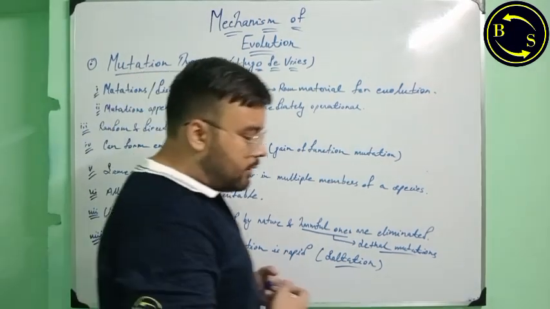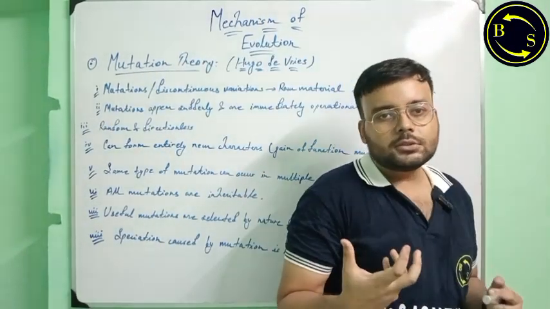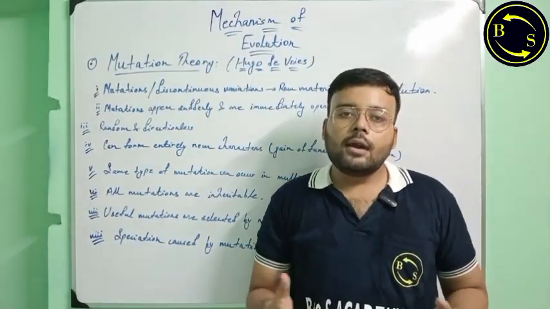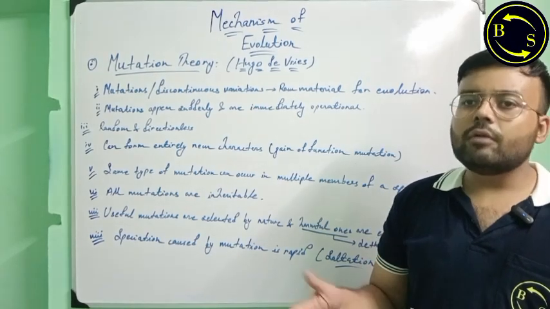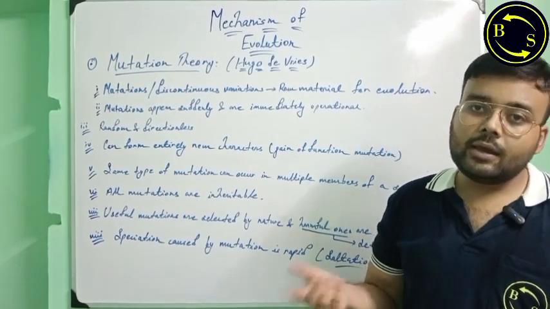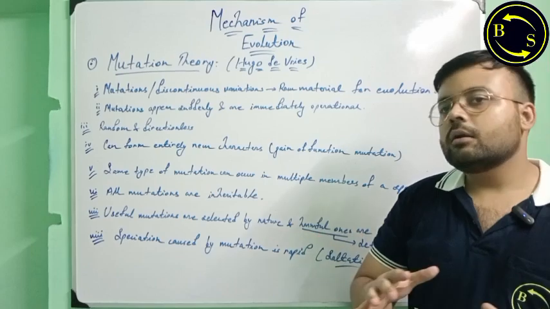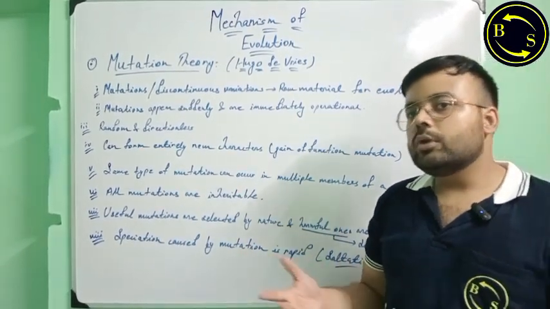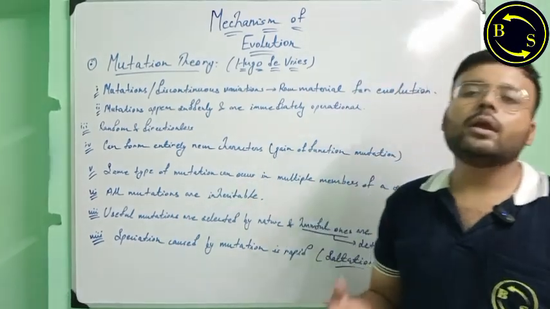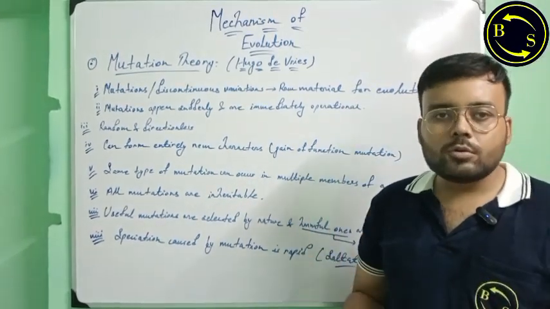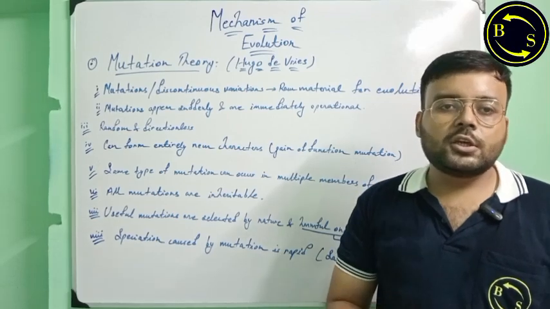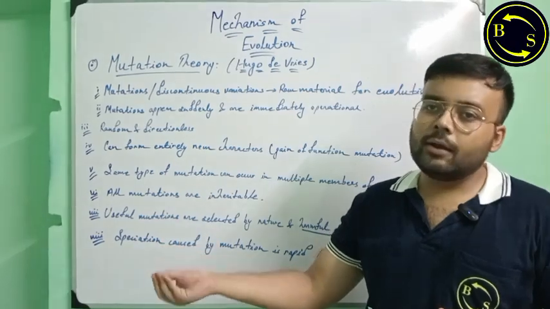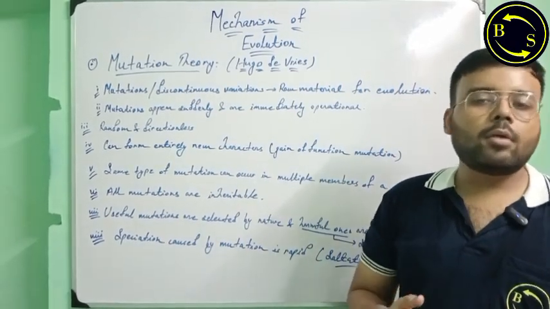Hugo de Vries said that all the variations in a population arise due to mutations in the genome, and the inheritance of those mutations allows the variations to be transmitted to the next generation, and under specific environmental conditions those mutations express their phenotypes, allowing an organism to survive, to reproduce, and to produce a population of mutants which is reproductively isolated from the parent or ancestral population, hence forming a new species.